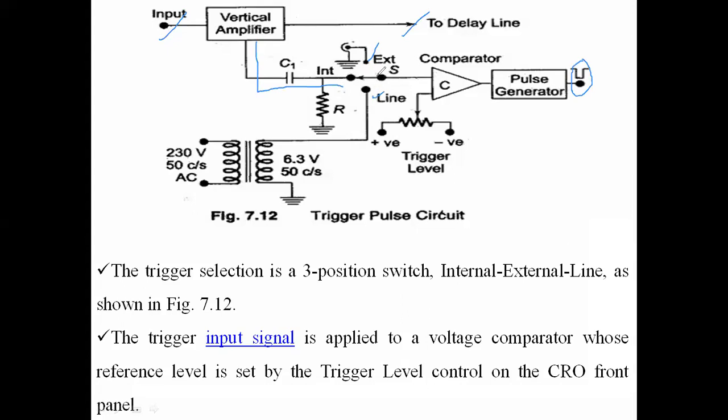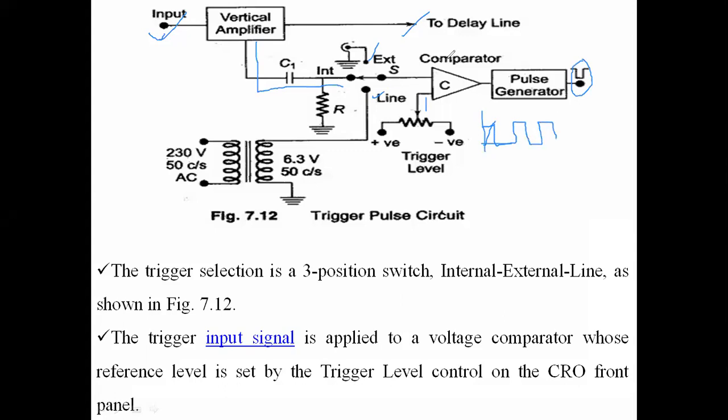When we connect the switch to the internal point, whatever input is applied, to analyze or measure the voltage or current, that input signal is connected to the comparator. The comparator compares with respect to the trigger level, and produces the output, either a pulse, or high or low.